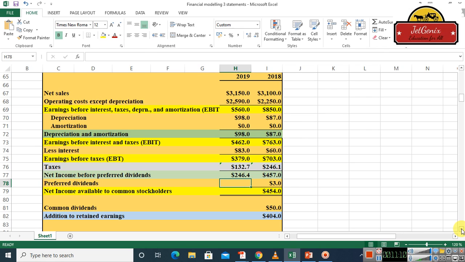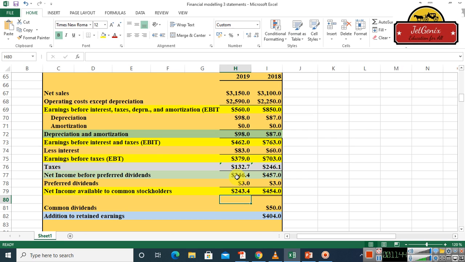And let's assume that this year again we are going to pay the preferred dividend of $3. So the net income available to common stockholder can be calculated by subtracting the preferred dividend from the net income before preferred dividend. So select this one and subtract the preferred dividend, and now we have $243.4 million in net income available to common stockholder.